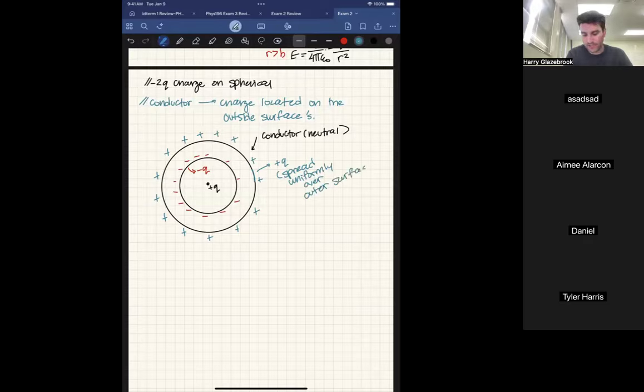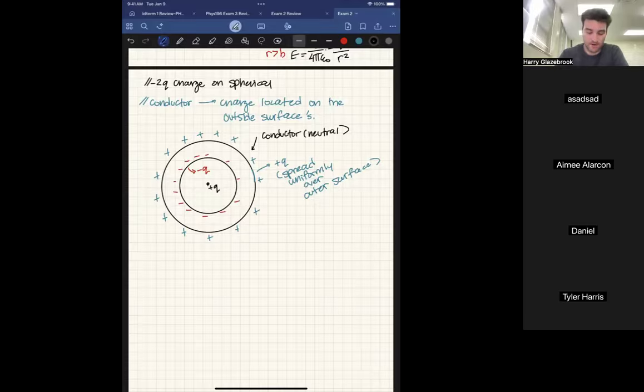So if you have a problem like this, they might ask you, what is the charge density on the inner or the outer surface? For a neutral conductor like this, where you put a positive charge in the center, note that for the outer surface, the entire charge is positive Q.